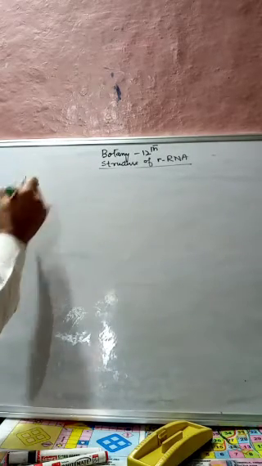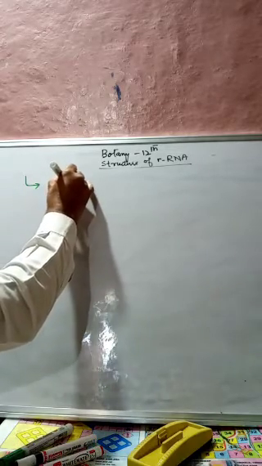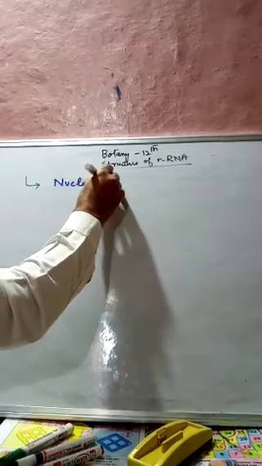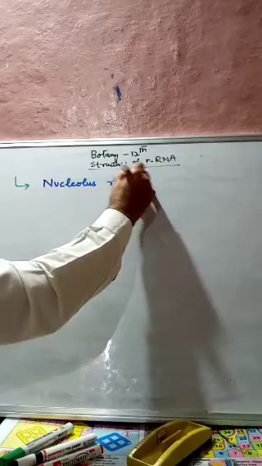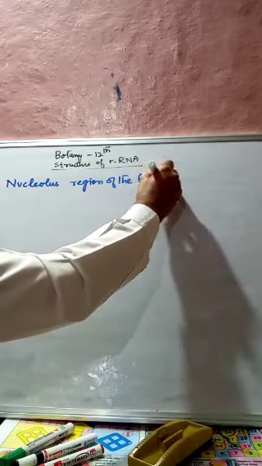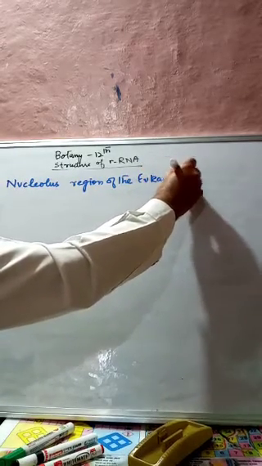This rRNA is synthesized in the nucleolus region of the eukaryotic cell; that is where it is found.